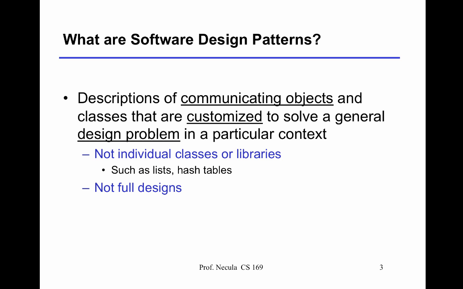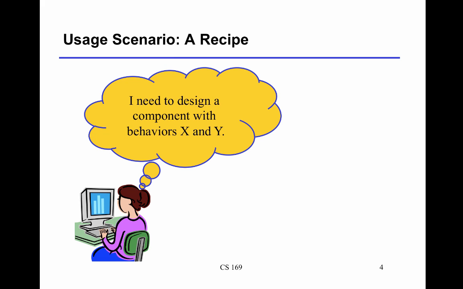Okay, so these are not full designs. There are more than one class. It's something that perhaps you haven't seen yet, and there are some useful recipes there that people have learned through experience, so why not? We should learn them. Let me explain advantages of using patterns, in case you're not convinced.